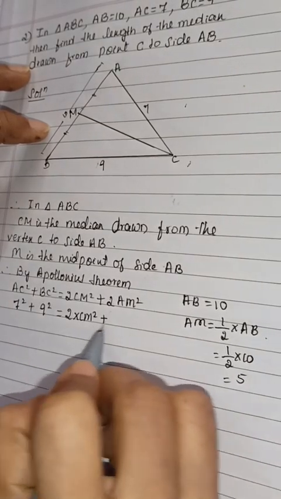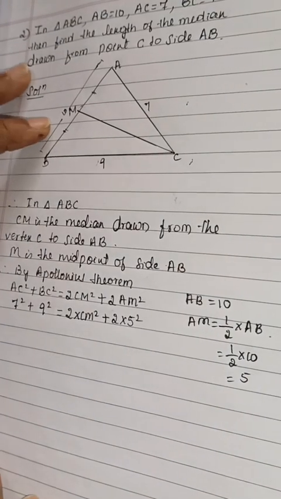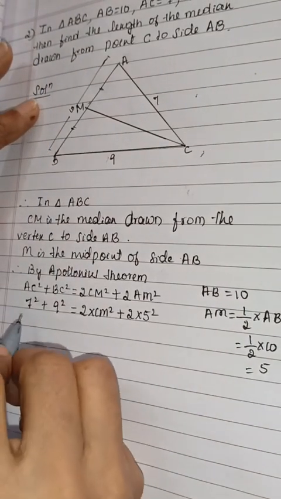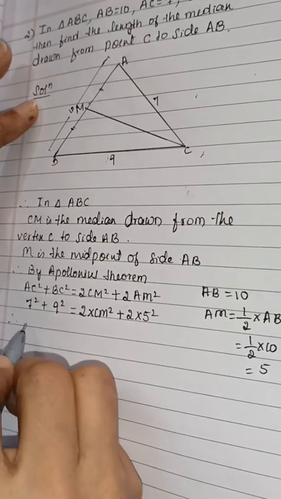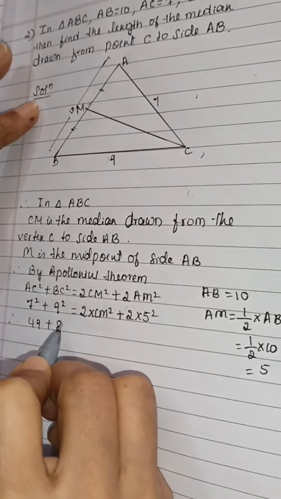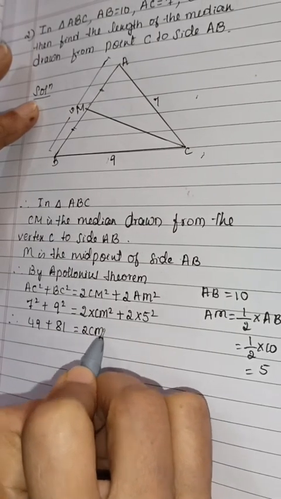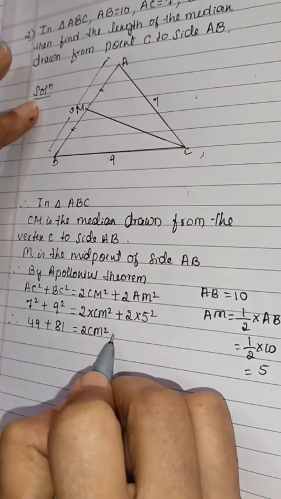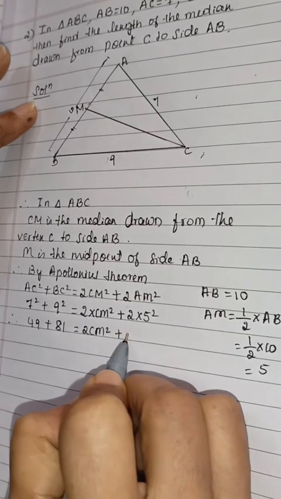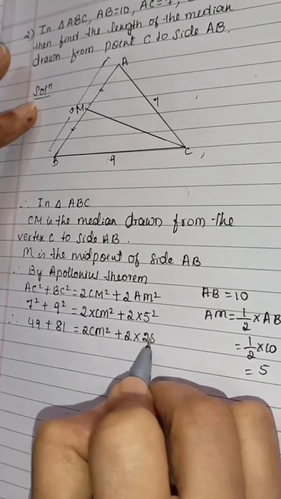Therefore 2 into 5 square. 7 sevens are 49, 9 nines are 81, equal to 2 CM square plus 2 into 25.